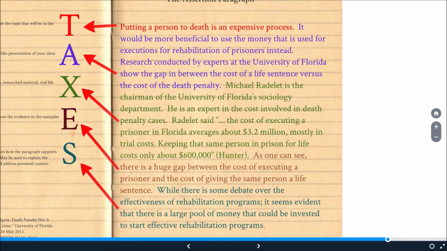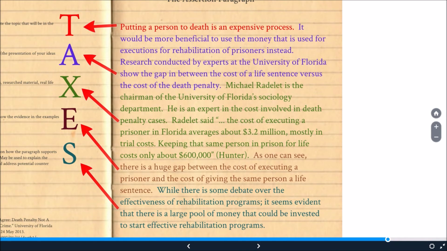So I'm basically addressing the counter argument that I see a person might have, and I did it basically in one sentence, half of a sentence really. It was the introduction to a sentence actually, because it says, while there is some debate over the effectiveness of rehabilitation programs, it seems evident that there's a large pool of money that could be invested to start some effective rehabilitation programs. And so basically I'm saying there's a huge gap between the $3.2 million and $600,000.